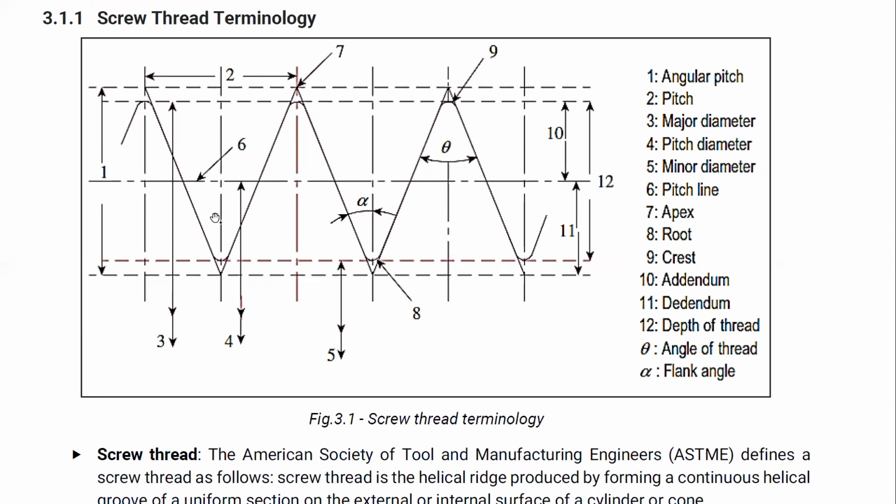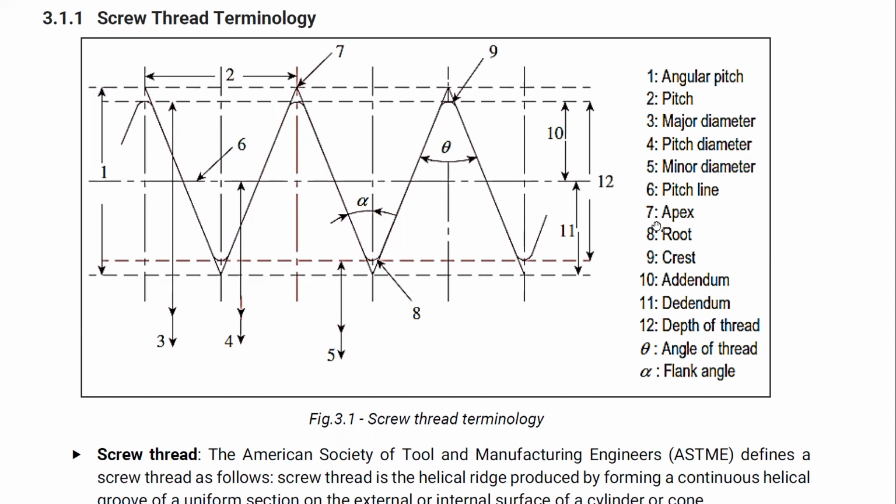Then the fourth one is the pitch diameter, and the fifth one is the minor diameter. Up to this is the minor diameter, this one is the major diameter, and here is the pitch diameter. Then the pitch line. The pitch line is shown by this, which shows the pitch diameter.